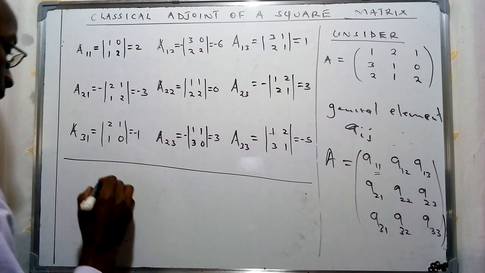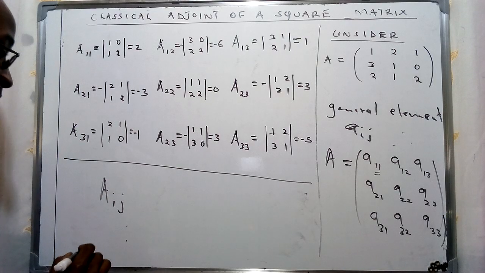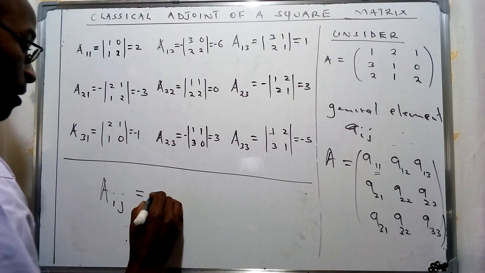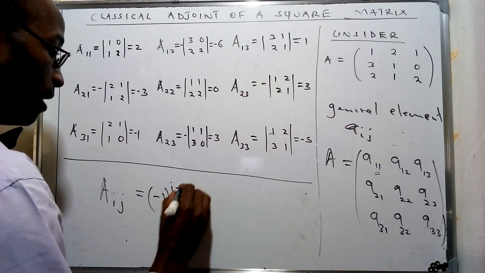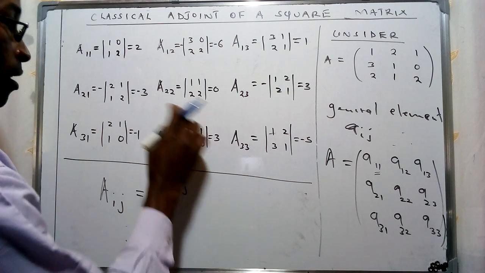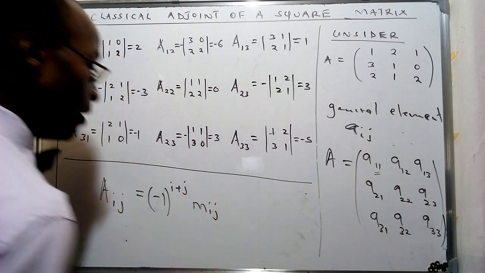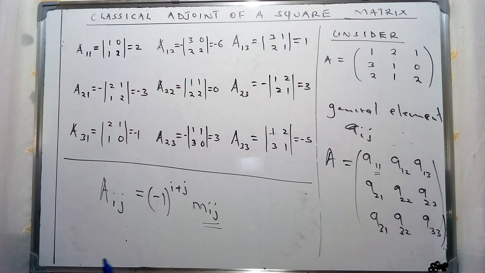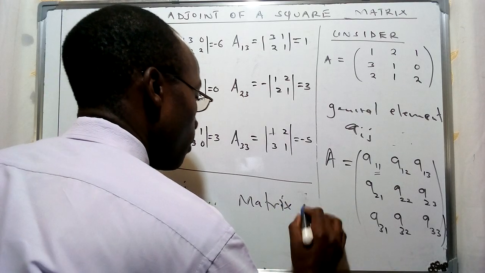Now we see that there's a relationship between these specific elements given in terms of A, i, and j, such that we are going to have the product of negative 1 raised to the i plus j, which is the sum of these two numbers, and then the multiplication of that with the minor obtained from that is going to give us what we call a matrix of cofactors.